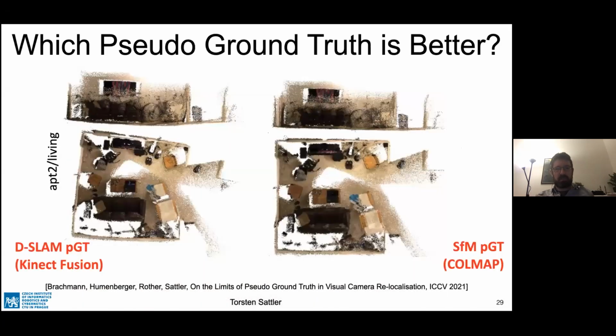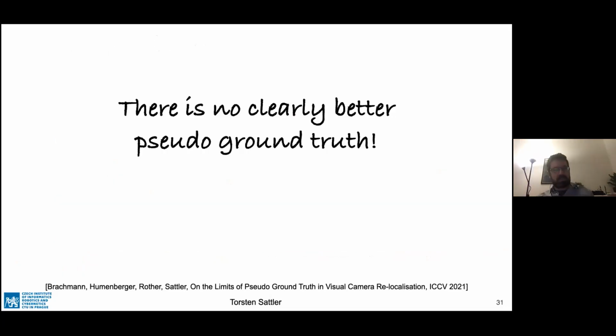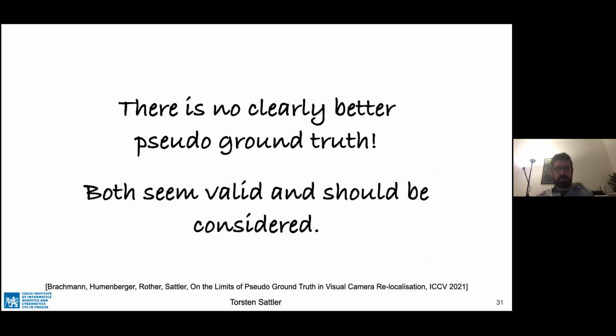So here's another example of another scene where the global structure is a bit bent when you're just using depths or depths and color, versus you get better structure using structure from motion. But if you look at details, then they are more preserved in this depth-based ground truth. So our conclusion was that there's actually no clearly better pseudo ground truth. Both are valid.